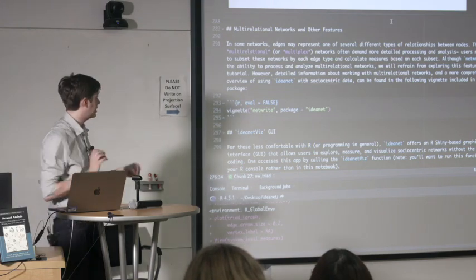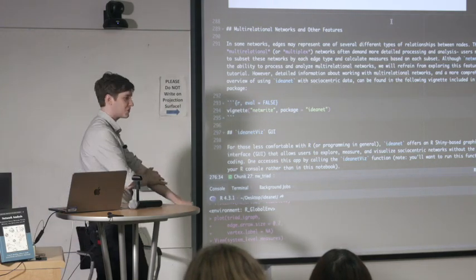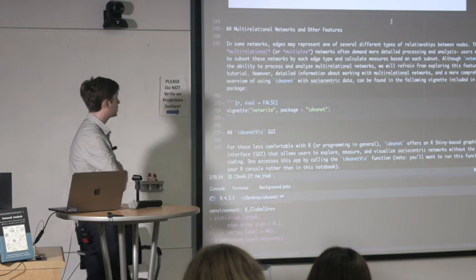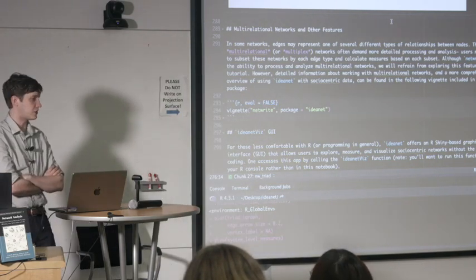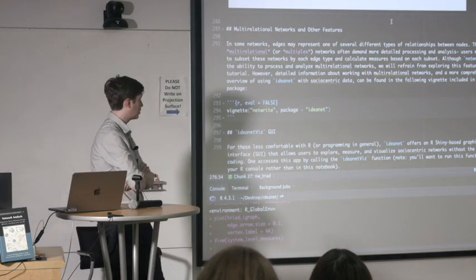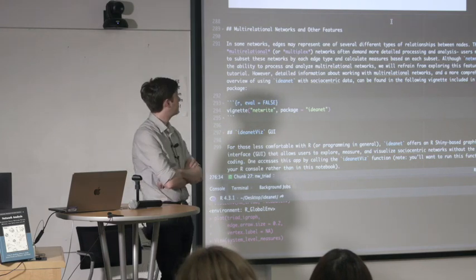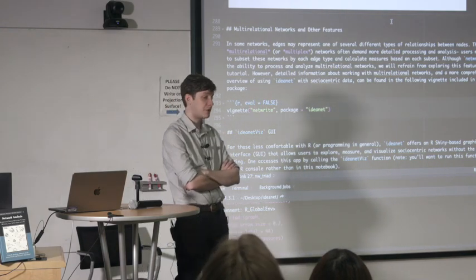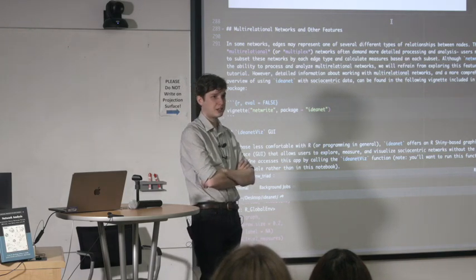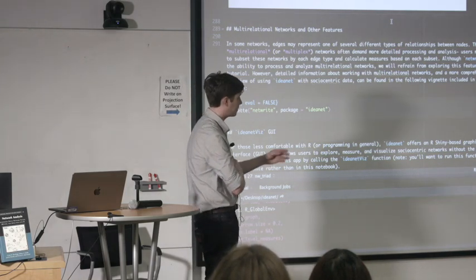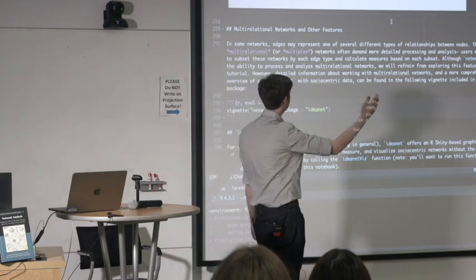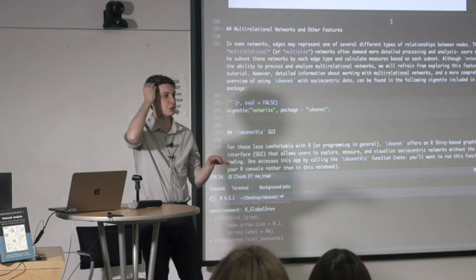I designed this part for time, because I thought I'd be talking about the data repository more. But as far as other features, we do support edge lists with multiple relation types, and the netwrite function will process that the same way. For the system level measures, it'll provide measures for each subset of relationship type. It also does that at the node level.